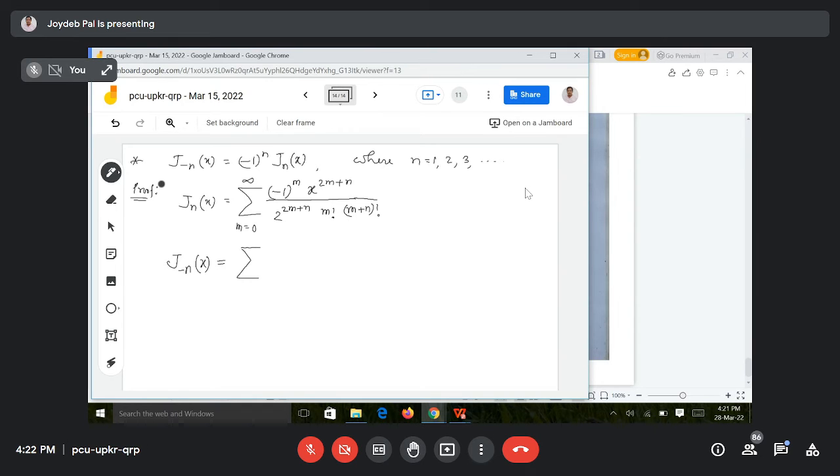Now, according to it, what will be J of minus n? In place of n, if we put minus n, we will get the series. We can write this.